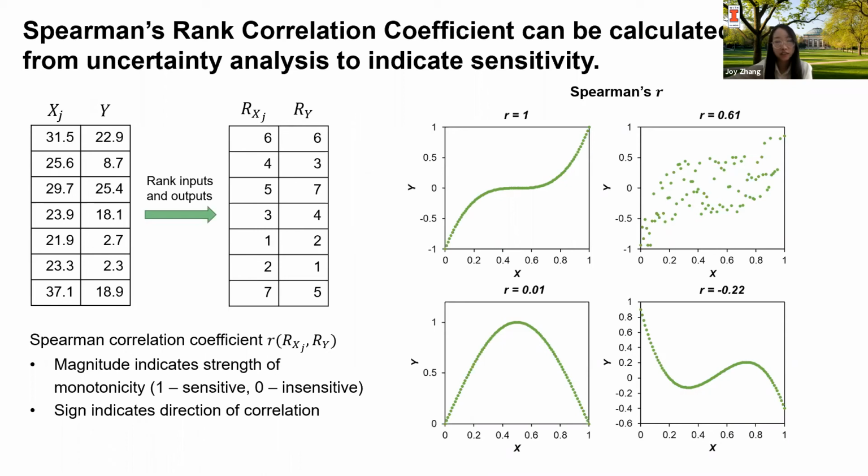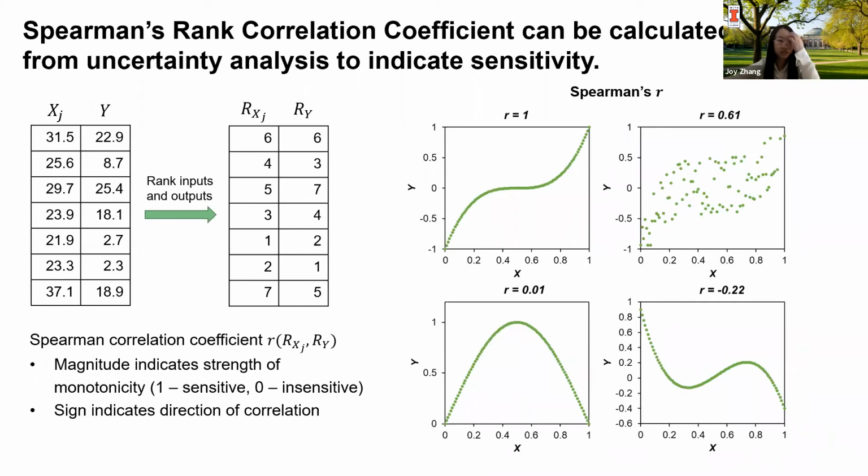But if as x increases, y first increases, but then decreases, then we're more likely to get a Spearman correlation coefficient closer to 0. So the magnitude of the correlation coefficient measures the monotonicity. If we get a value of zero, that means y is insensitive to x. If we get a value of 1 or -1, that means x has a very important impact on the value of y. And the sign just indicates the direction of this correlation.